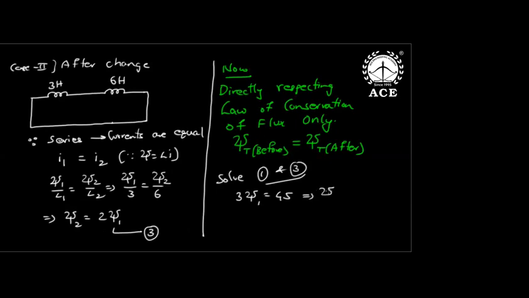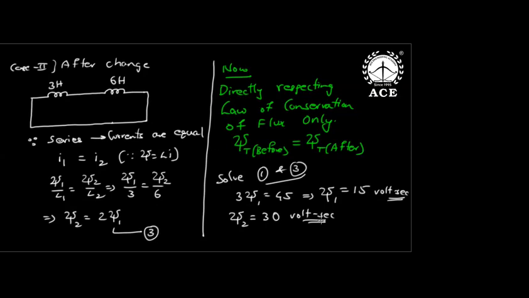That implies phi 1 is 15 volt seconds. Then phi 2 is 2 phi 1, that is 30 volt seconds.